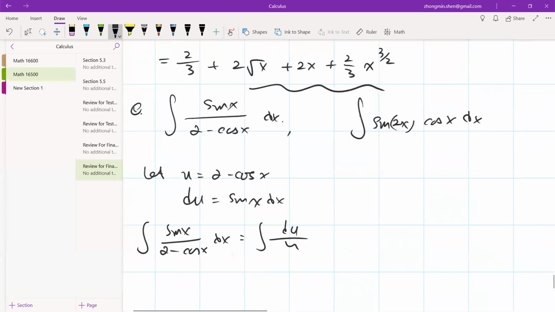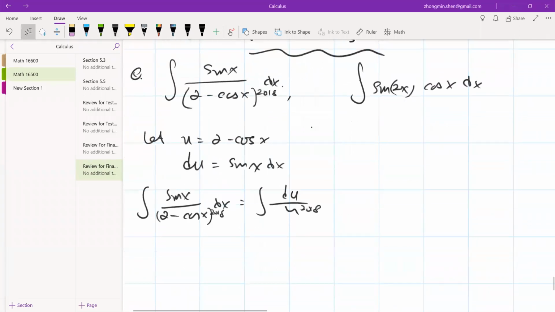So let me put 2018. I like this. So 2018, you can do it. This is a power function, and you can say u to the 2018 du.